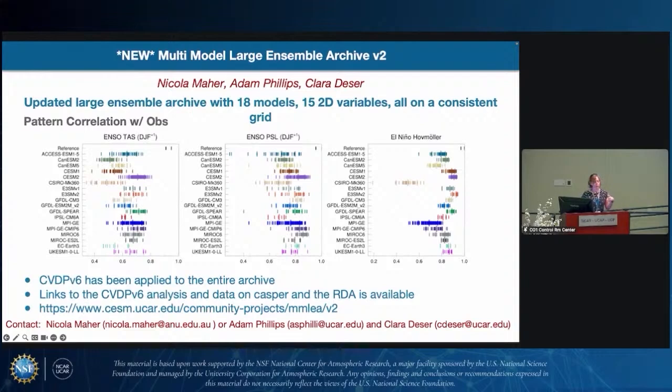They're all regridded onto a common grid, so they'll be much easier for you to use, and 15 2D variables are available. And Adam has run all of these large ensembles through the Climate Variability Diagnostics package, and if you go to this website, you can see both the plots from the Climate Variability Diagnostics package, and you can get the information on how to get at the data.